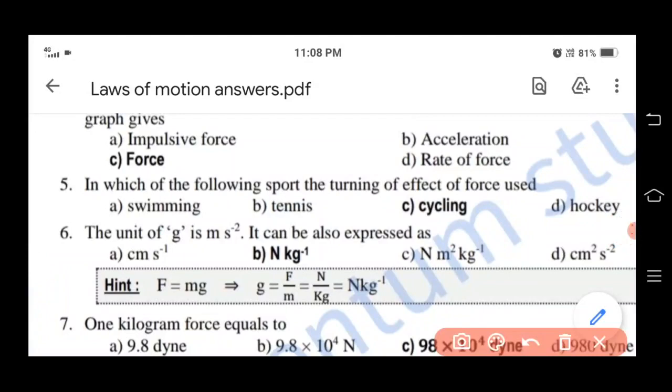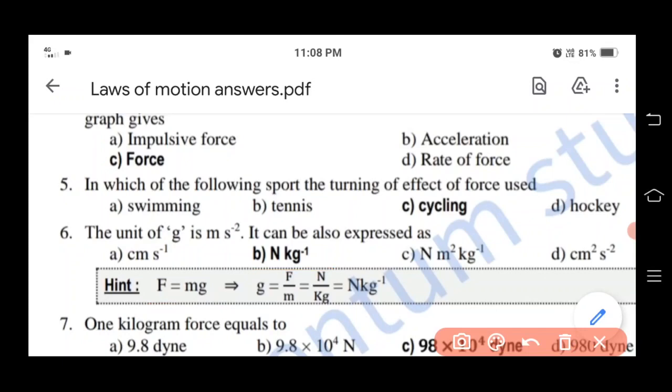Question number 6. The unit of small g, acceleration due to gravity, is meter per second square. It can also be expressed as Newton per kilogram. Here they gave a hint: F = m × g, so g = F / m.